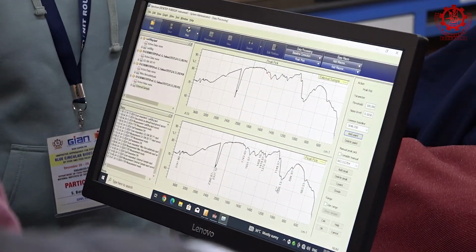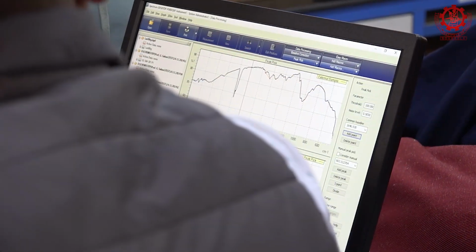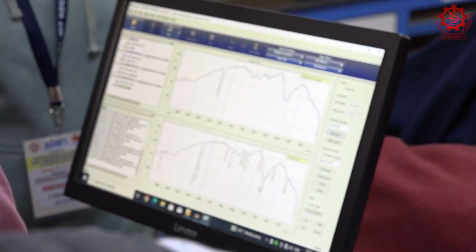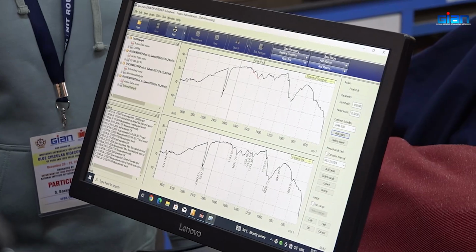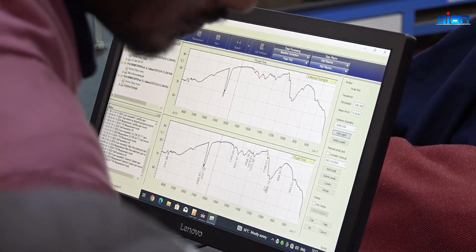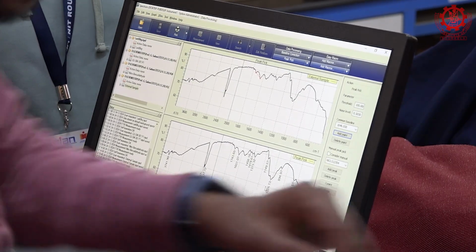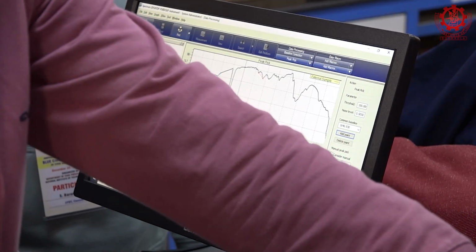Acetyl means there is a carbonyl. Okay. So carbonyl means you can see there is 1743 coming. Okay. And then there is a sharp peak at 2360 and so on. So a few of the functional groups at least we can characterize by this FTIR spectrometer. Okay.